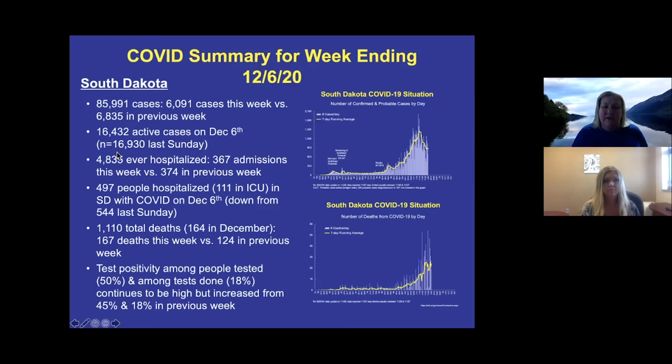So a little bit down, but not a lot. 4,835 people have been hospitalized over this pandemic for COVID. There were 367 admissions this week compared to 374 in the previous week.